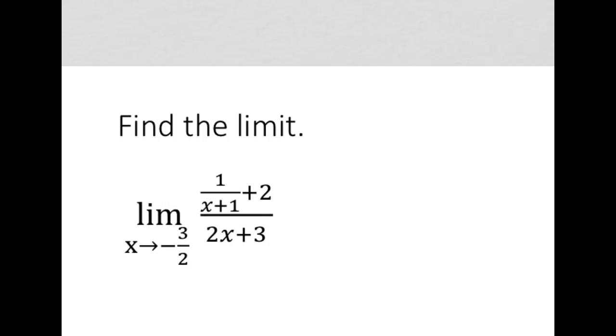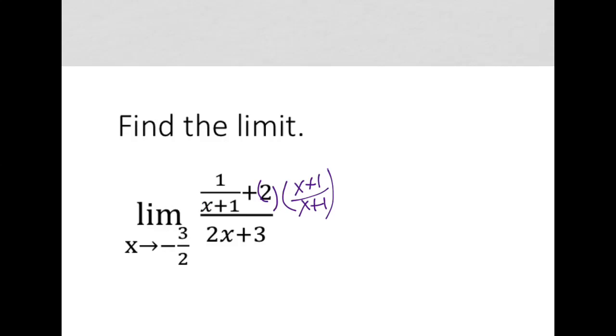Let's do another problem here. Find the limit as x approaches negative 3/2. So again, let's give that numerator a makeover. We're going to want to find a common denominator here. So in order to do that, I'm going to multiply this 2 by x plus 1 over x plus 1. Then I will have my common denominator of x plus 1.